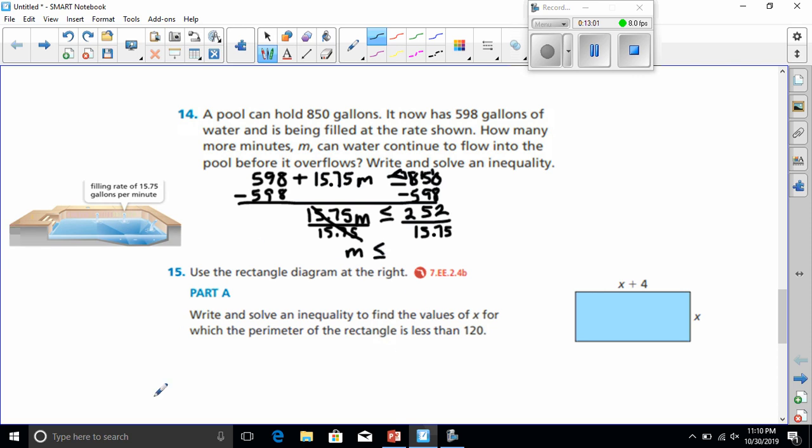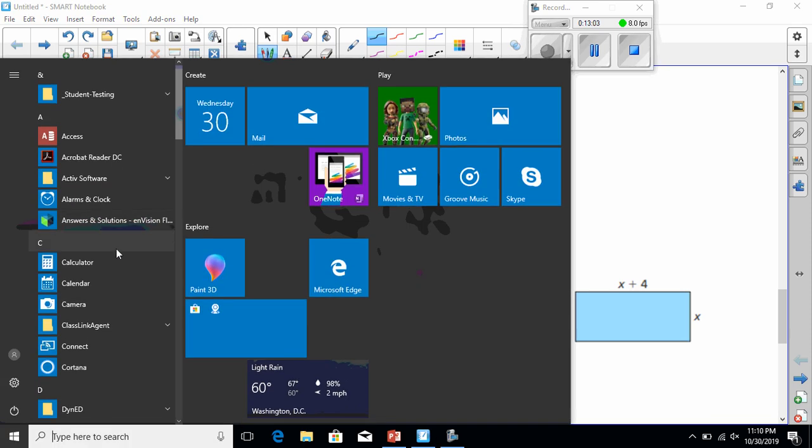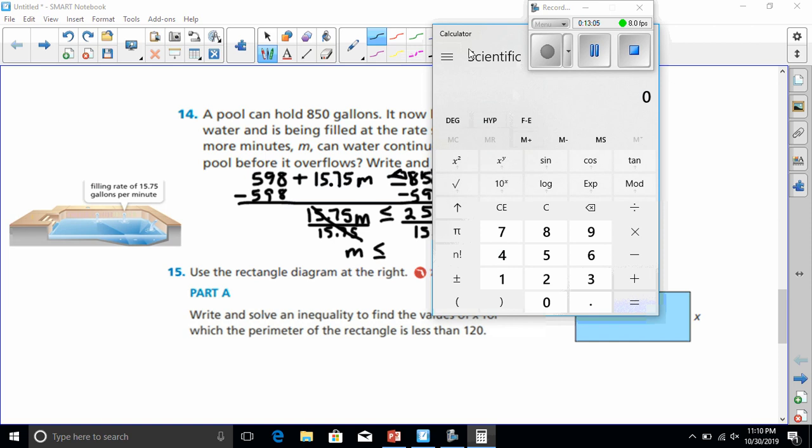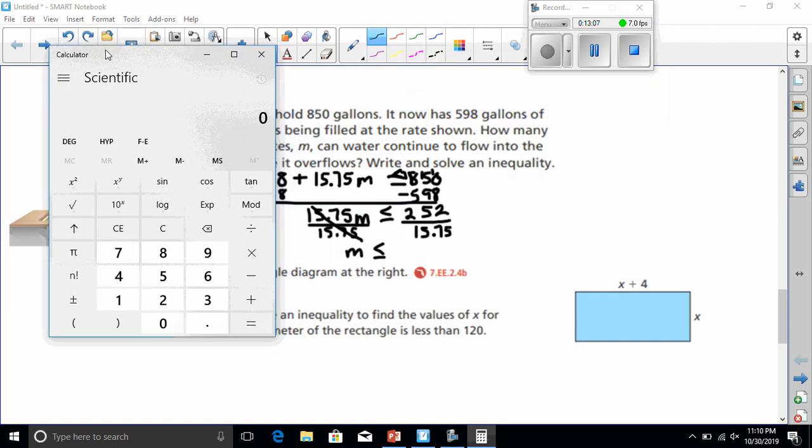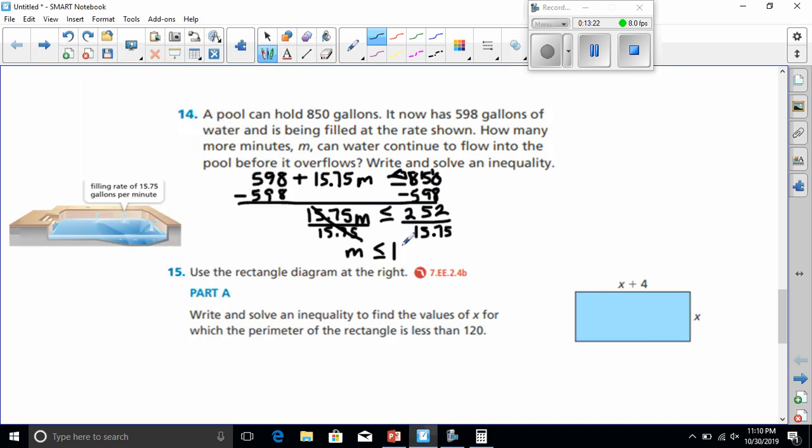And now I'm going to use my trusty calculator to tell me very quickly what 252 divided by 15.75 is. And that equals 16. So m is less than or equal to 16.